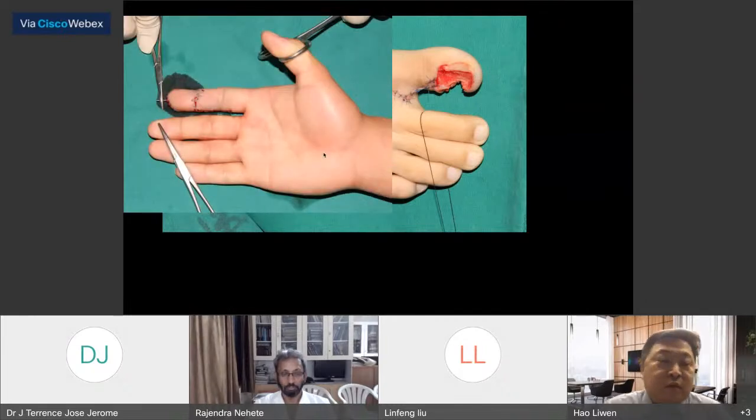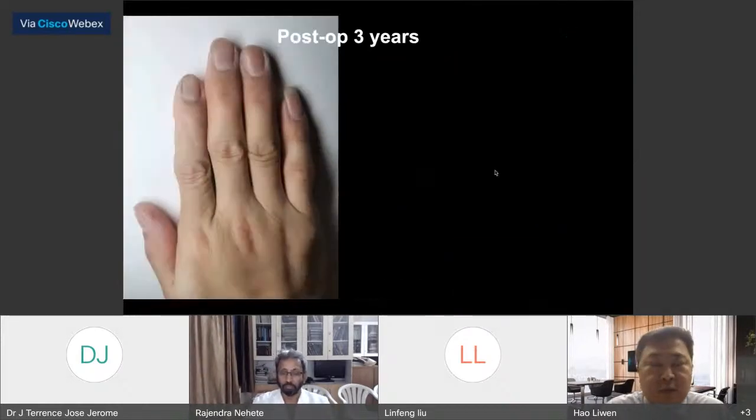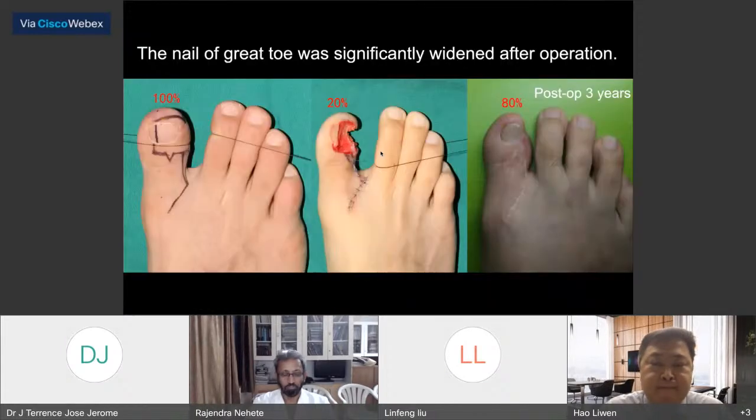And after anastomosing the artery and the vein and suturing the nerve and skin, this is the appearance of the index finger during the operation. 3 years post-operation, we can see the index finger and the great toe. We compared the nail of the great toe with before, and the nail was significantly widened after operation, about 80%.